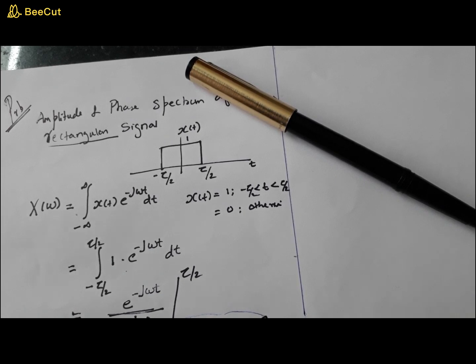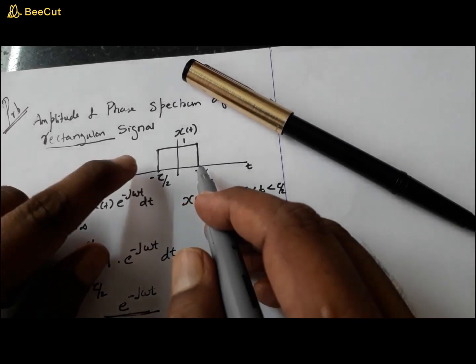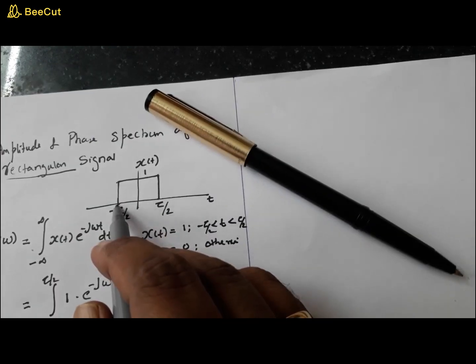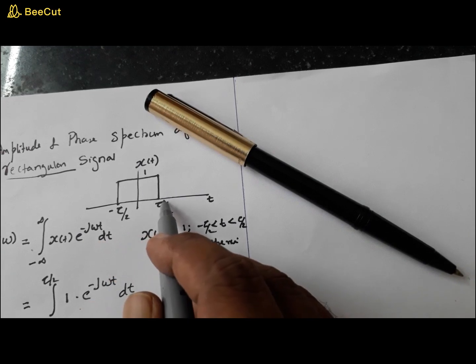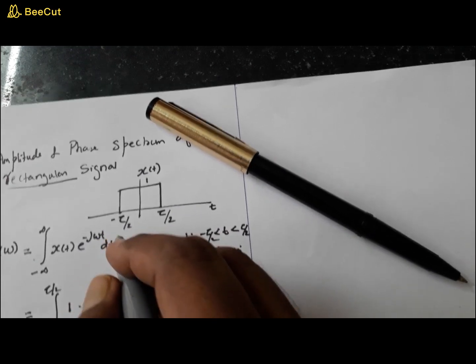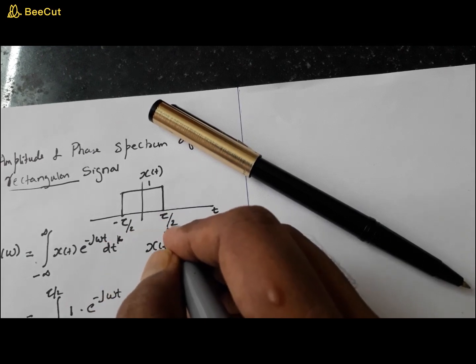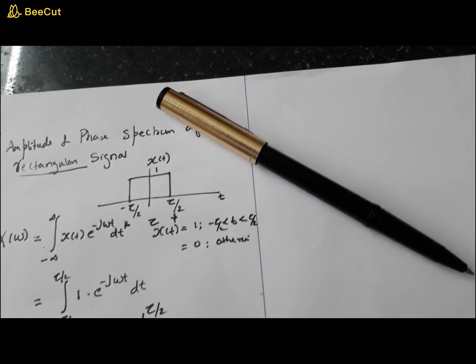Now simply I am multiplying and dividing this by tau. Tau is nothing but the pulse width; from this to this is minus tau by 2, from this to this is plus tau by 2, so the pulse width is tau.